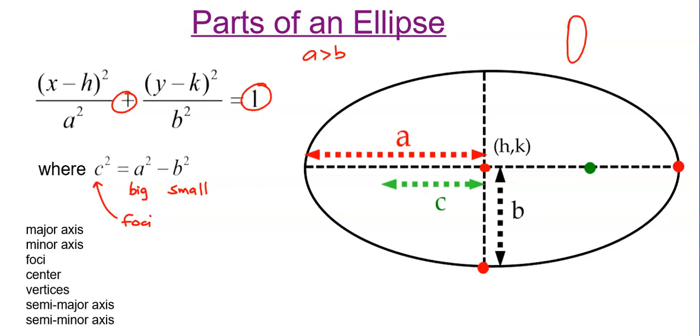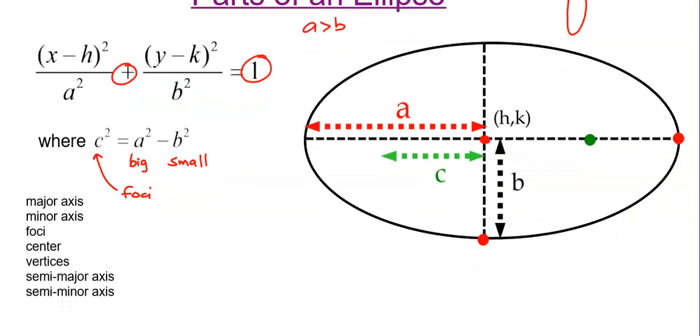Okay. Major axis, a couple of little vocabulary words down here. Major axis is your long axis. So if I was going to put that on the diagram, it would be this guy. That's your major axis. Your minor axis then is your short axis.